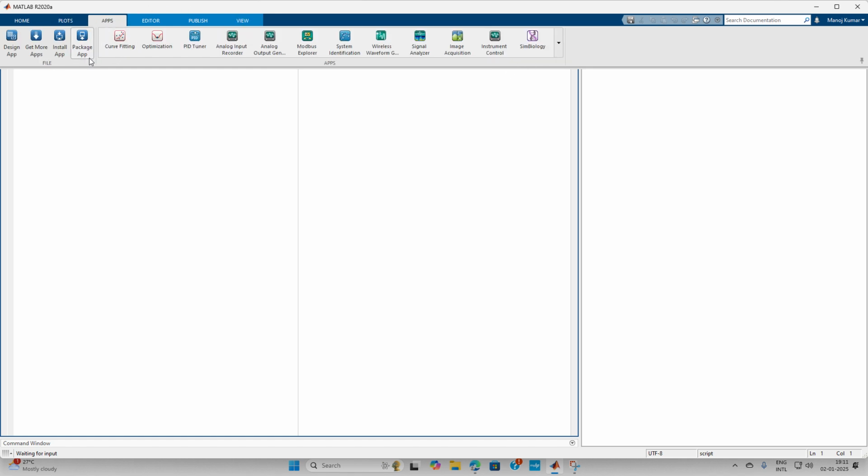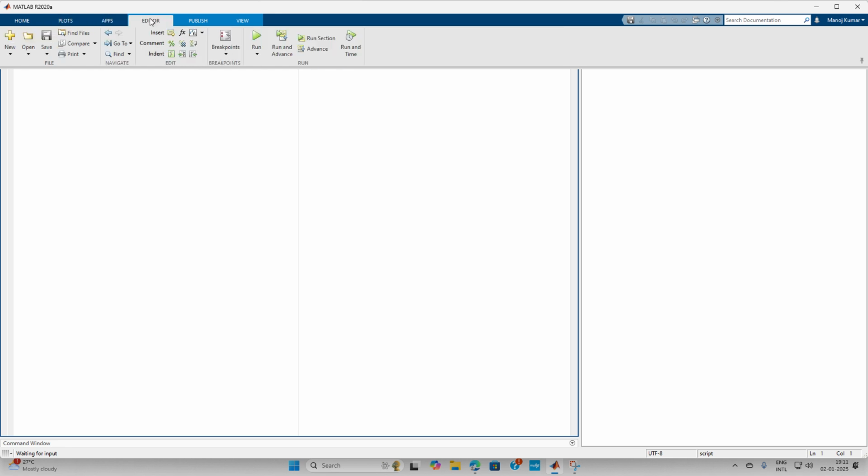Third one, applications: design application, install application, package application. These are some of the applications we utilize in this MATLAB software. Another important option is editor. Using this editor option, we run the program that we have already typed.